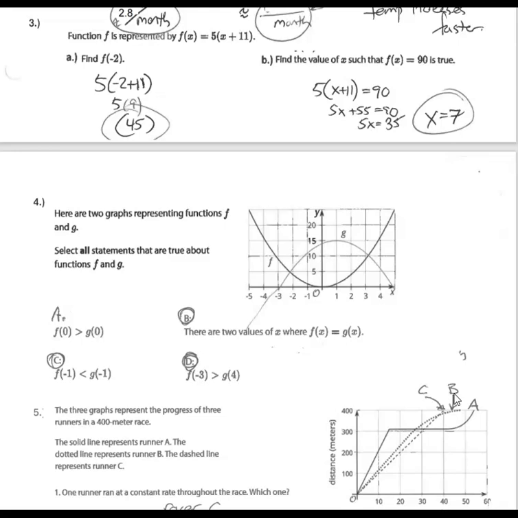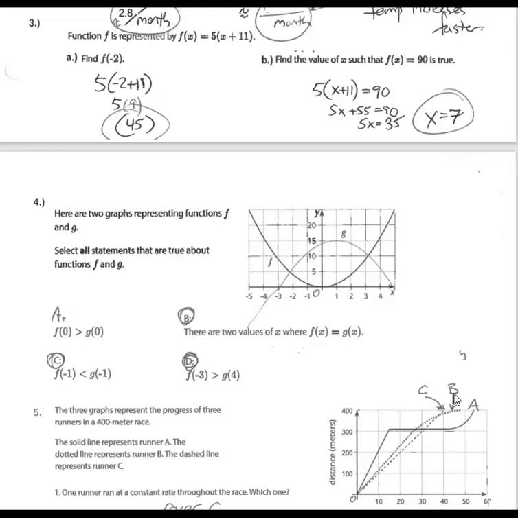The next one says F of -1 is less than G of -1. That is saying that F is going to have a smaller output than G at -1, which is correct. And the last one says F of -3 is going to be bigger than G of 4.